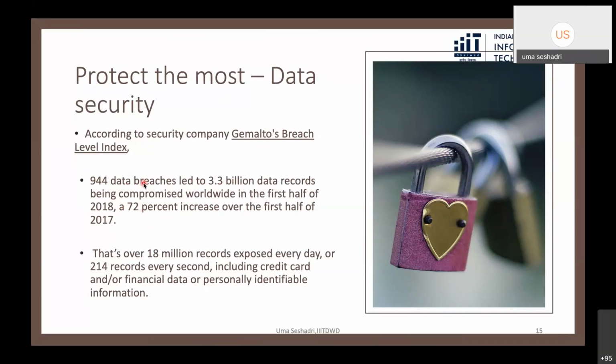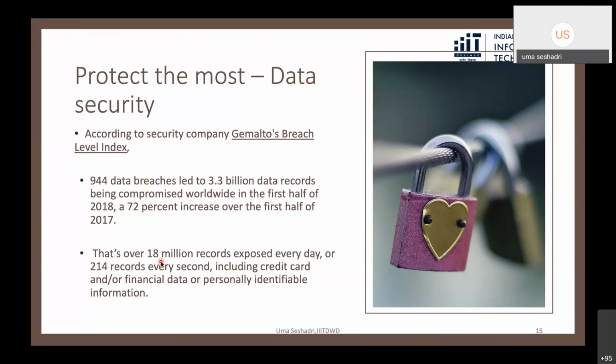What does it mean? That means we have to have more data security. If something is a very important asset in the organization, you try to protect that. So data security becomes a prominent role for that organization.